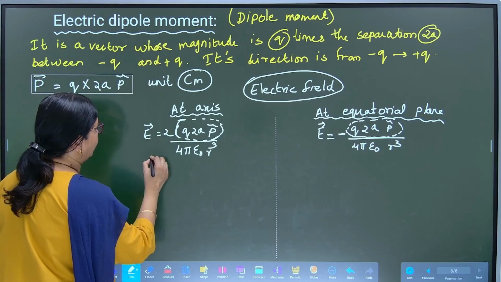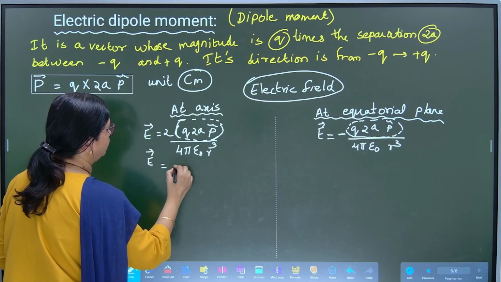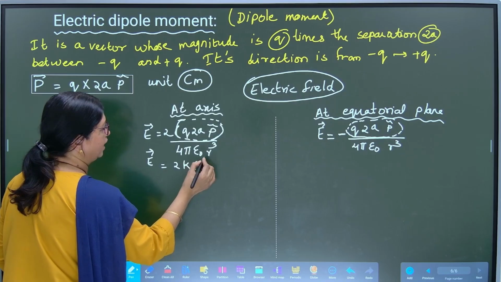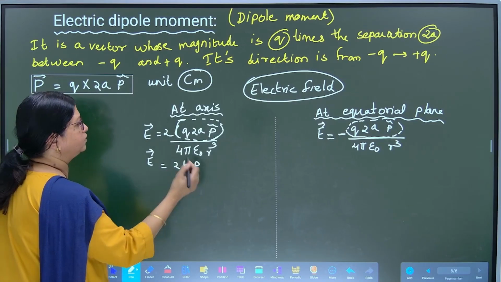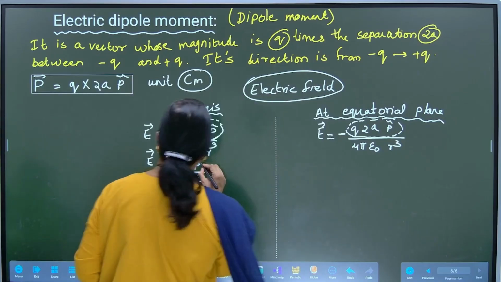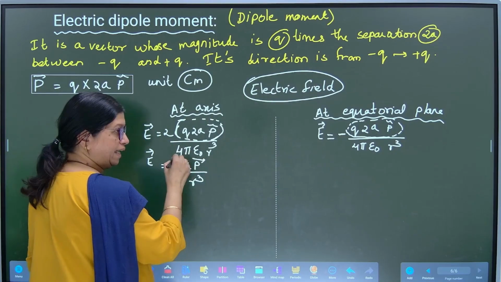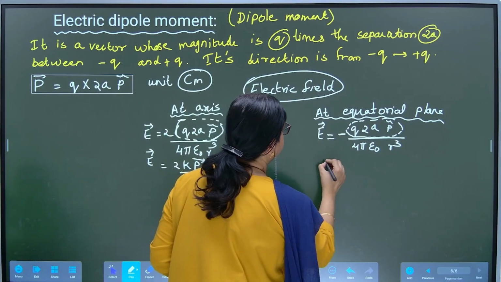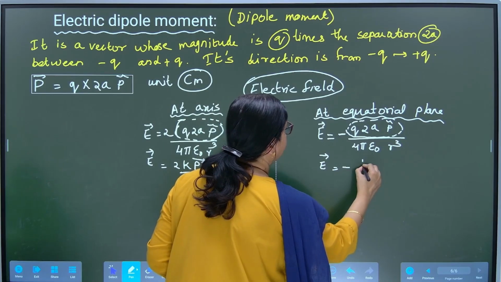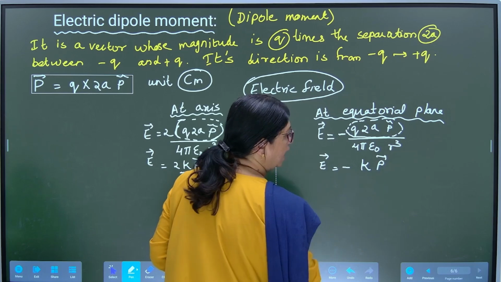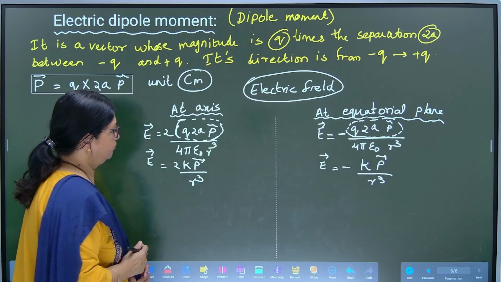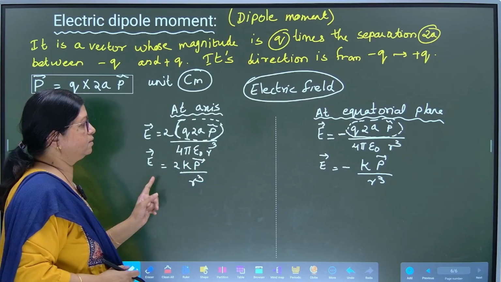So now we rewrite E is equal to 2 K P, where K I have written as 1 upon 4 pi epsilon naught, R cube. And here we write the direction of P as P arrow, and without forgetting the negative symbol, we write E is equal to negative K P arrow, that is P vector, divided by R cube. Okay, so sometimes a comparison can be asked.